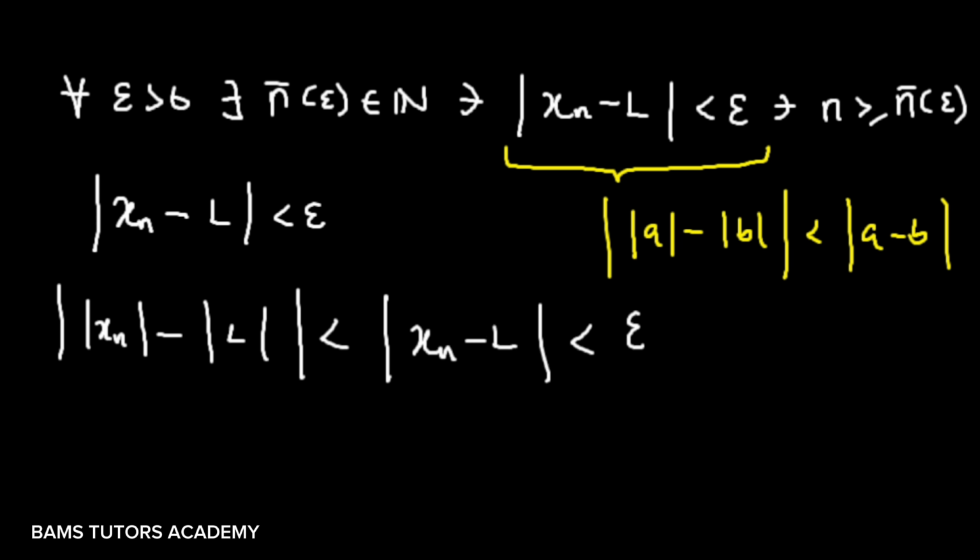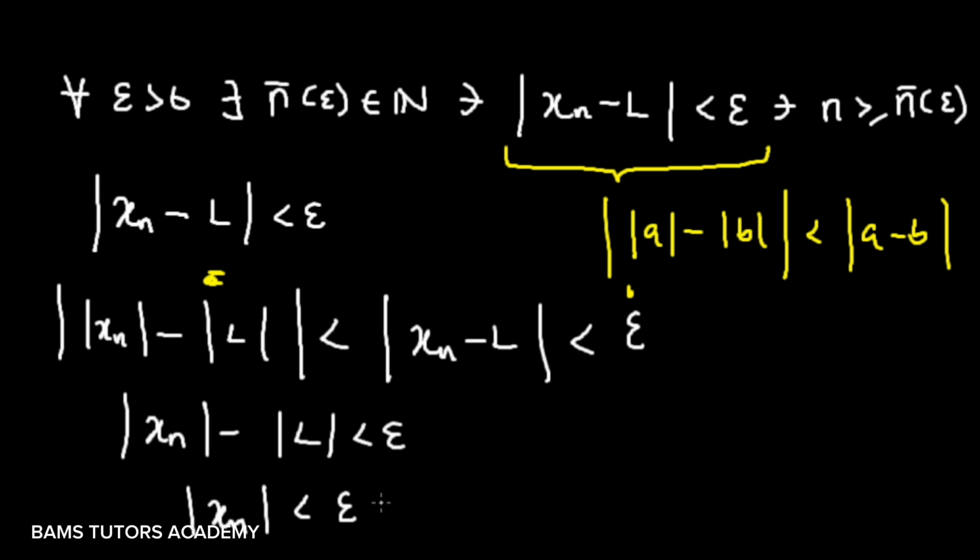So I will just have to work transitively with this first one and the epsilon, right? So it means that the absolute value of x_n will be less than epsilon plus the absolute value of L.